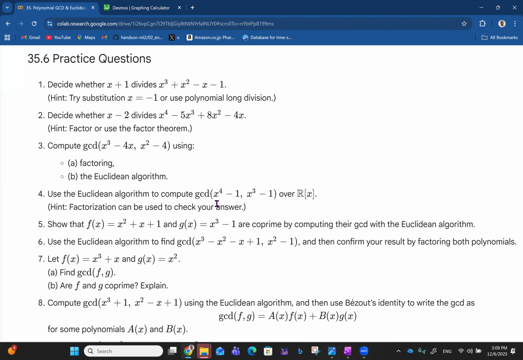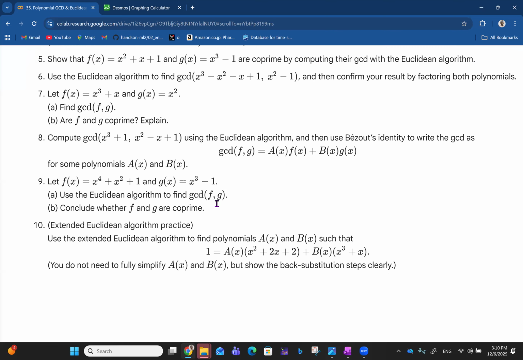It says to compute the GCD for x cubed plus 1 and x squared minus x plus 1, using the Euclidean algorithm, and then use Bézout's identity to write the GCD of f and g as a of x times f of x plus b of x times g of x, for polynomials a of x and b of x.